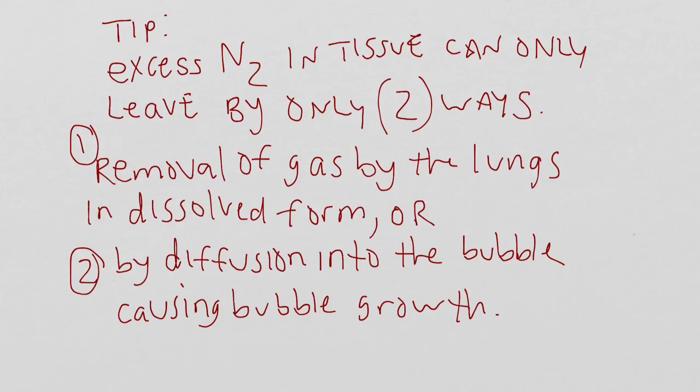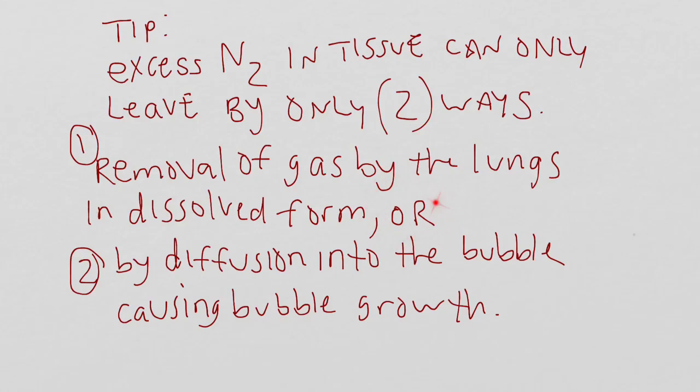Number one, removal of the nitrogen by the lungs in dissolved form. This is like how we breathe in oxygen and it gets dissolved into our blood, and then CO2 comes out and we breathe it out in dissolved form. That's what it's talking about.